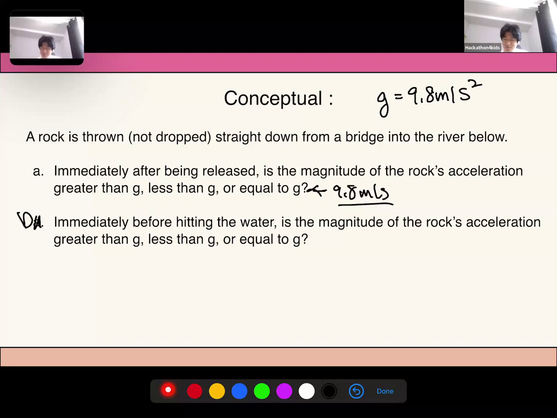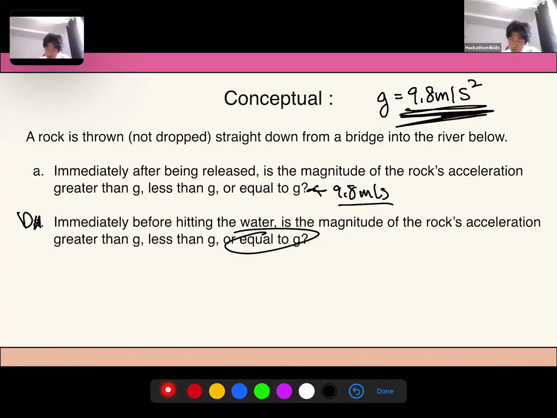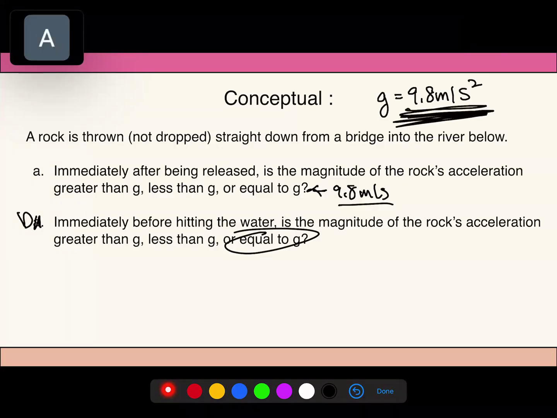Okay, wait, let's reinforce the concept of gravity, right? Actually, for this question, it would still be equal to g. The acceleration is constant, okay? So it's the same speed the whole time?